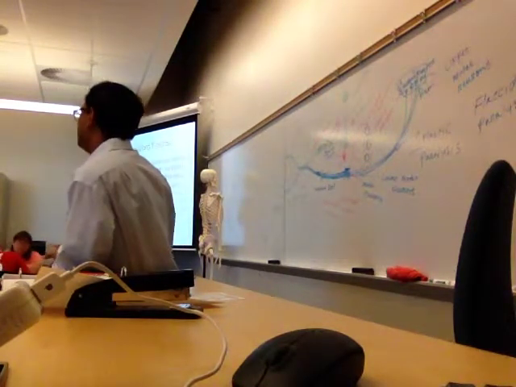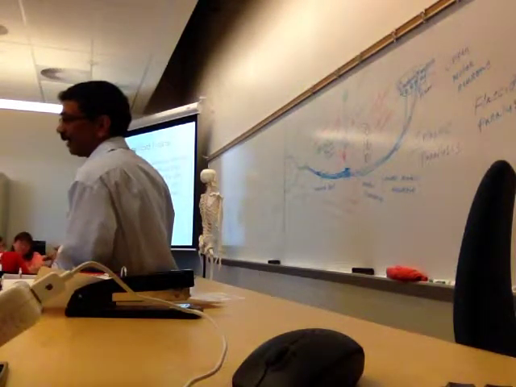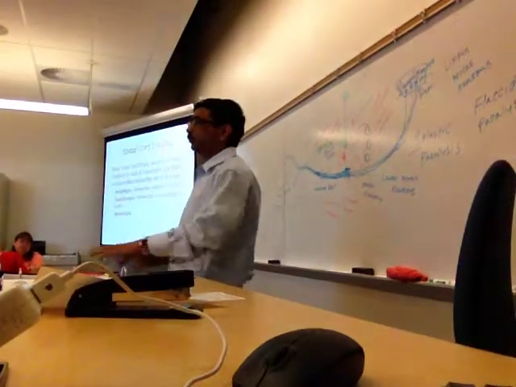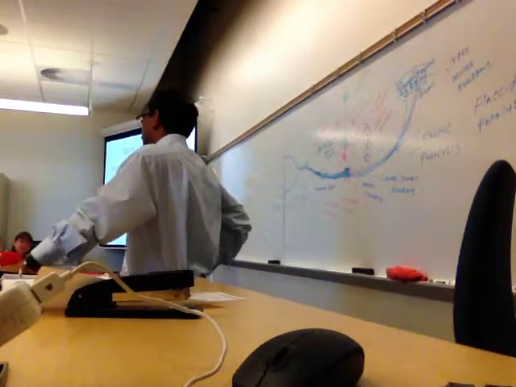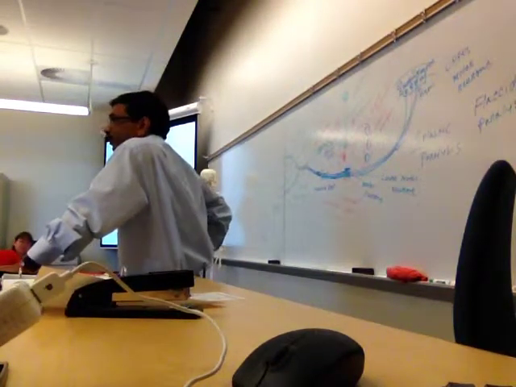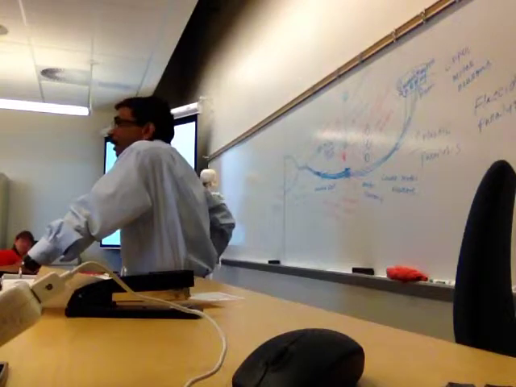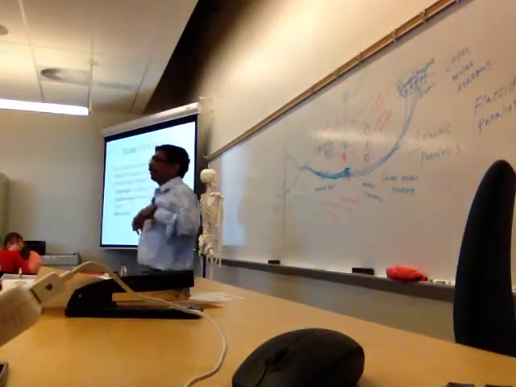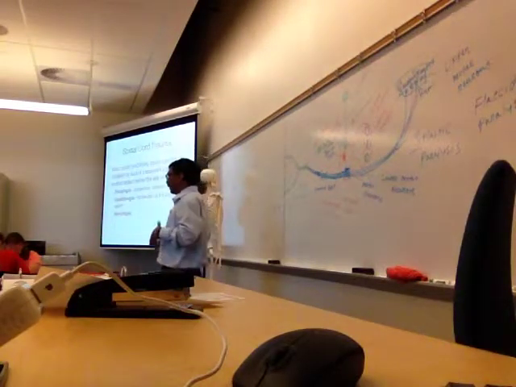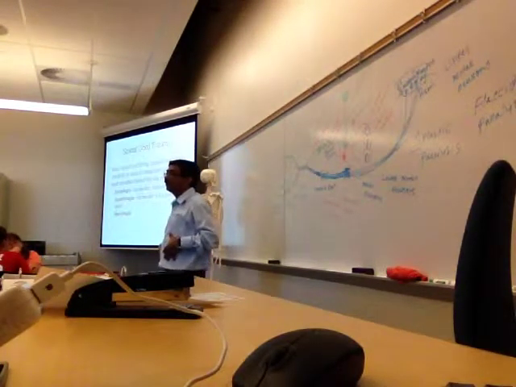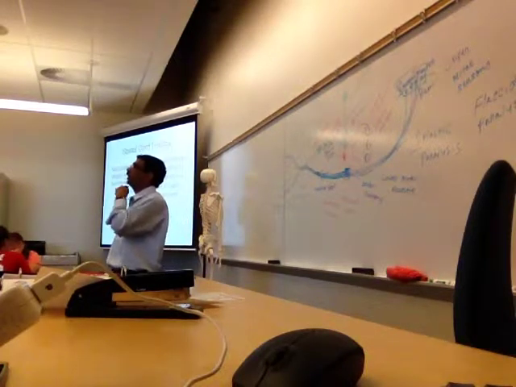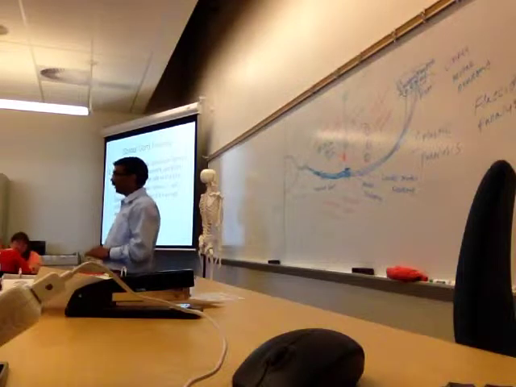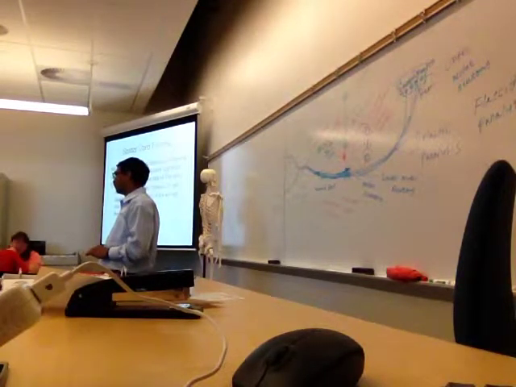Spinal cord injury is very common, as I have mentioned at the very beginning today, and mostly occurs due to motor accident, car accident. And the part of the body affected will depend on the location where the spinal cord injury has occurred.